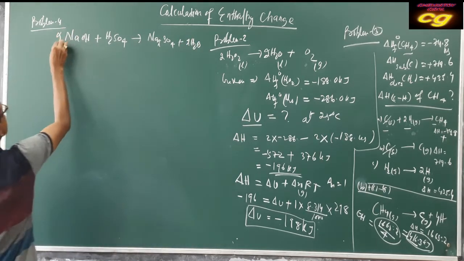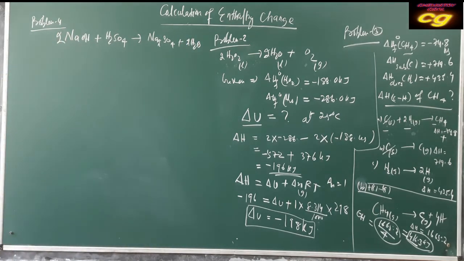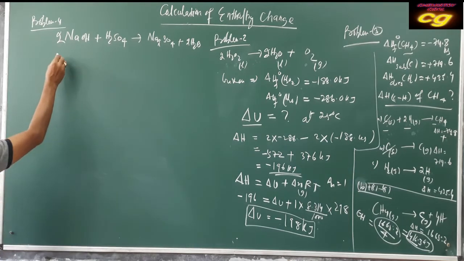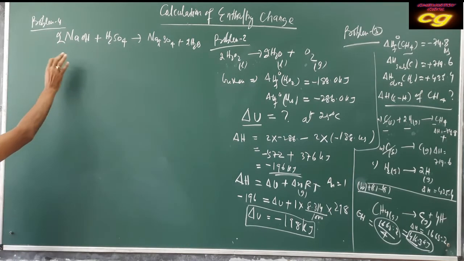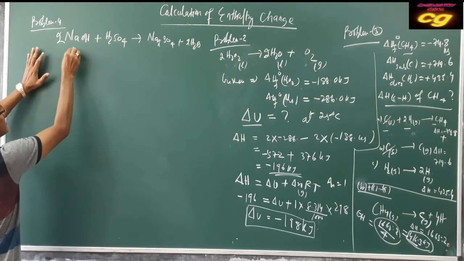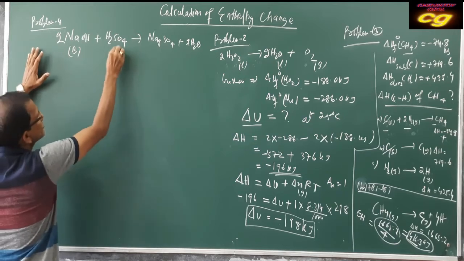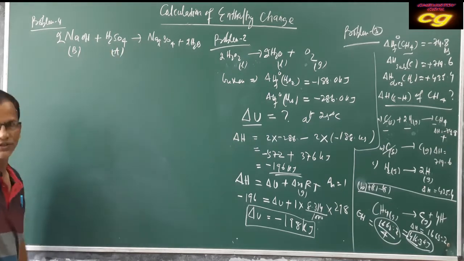We multiply, this is the reaction. Okay, and then Na2SO4, 2H2O. It is balanced. So here the question is, how much is given? One is base, this is your acid, so it is a neutralization reaction.